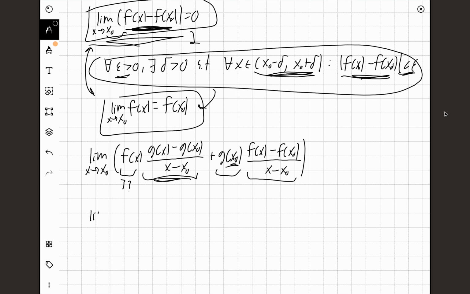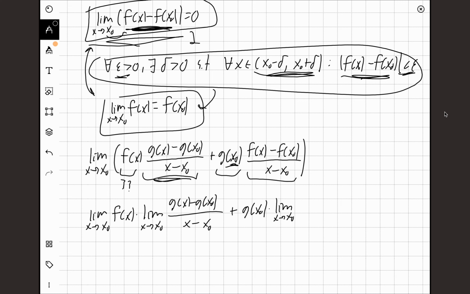So we get the limit as x goes to x0 of f(x) times the limit as x goes to x0 of (g(x) minus g(x0)) over (x minus x0). Again, this can just be taken out of the limit because it is not affected by the limit, times the limit as x goes to x0 of (f(x) minus f(x0)) over (x minus x0).